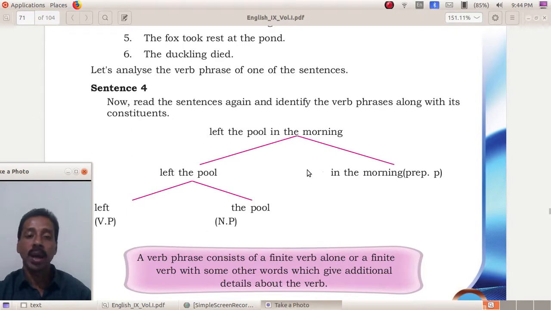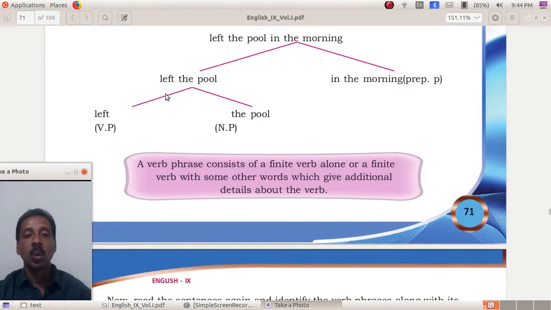If you analyze it, the word left is the verb, the pool is a noun phrase, and in the morning is a prepositional phrase.